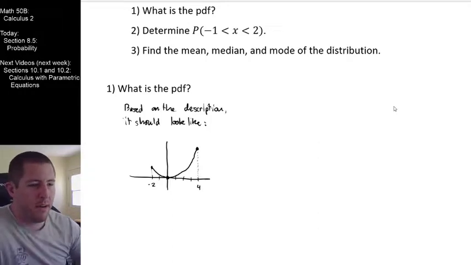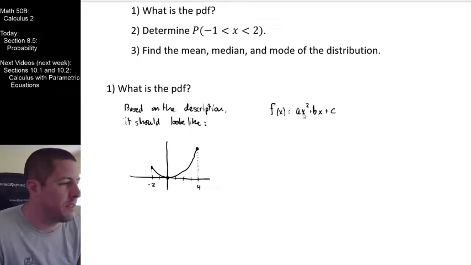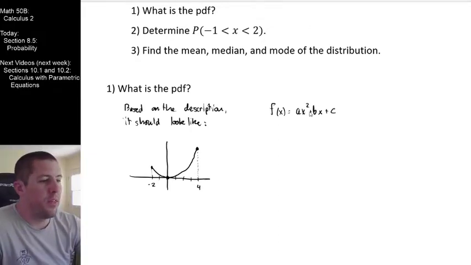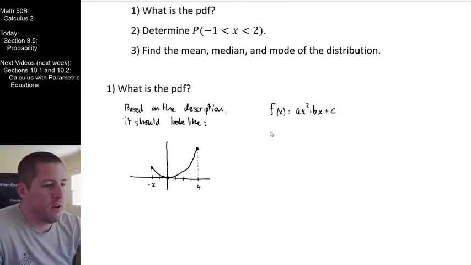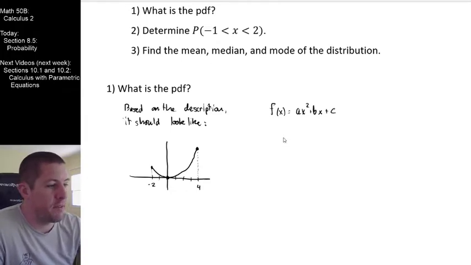So what is our PDF? Well, I know that f of x is a quadratic, so it should be something like ax squared plus bx plus c. Since the vertex is at 0, 0, it's centered on the y-axis; we haven't been shifted left or right. So I know that b has to be 0. Also, because we go through the point 0, 0, c must also be equal to 0.